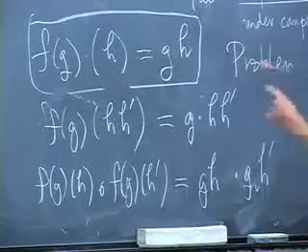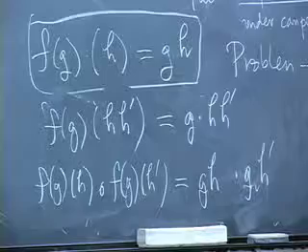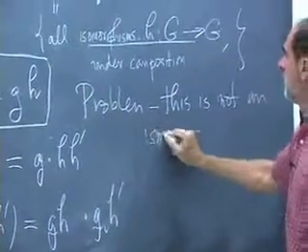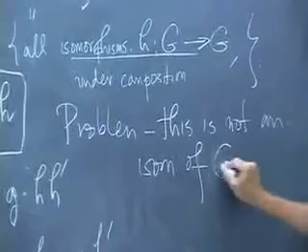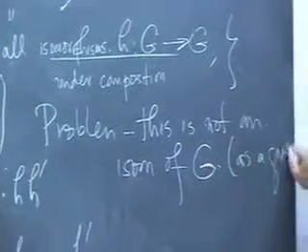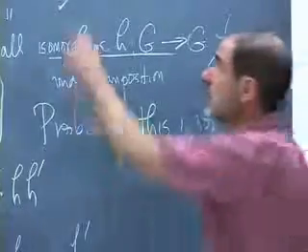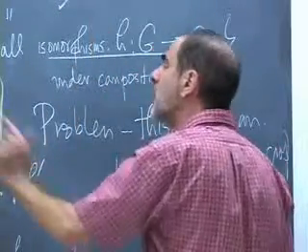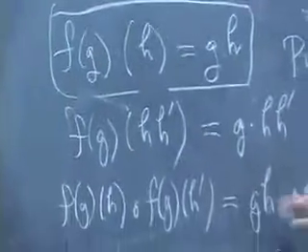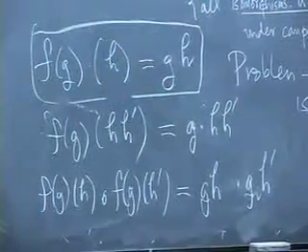So it is not an isomorphism of G as a group. It's a nice set theoretic map that takes G to G, but it doesn't commute with the multiplication in G. So we're going to modify it. I'm going to do this or else I'll dig myself a grave here.